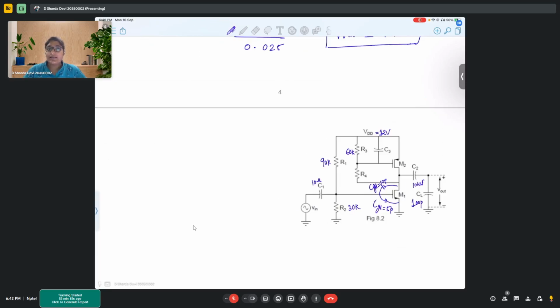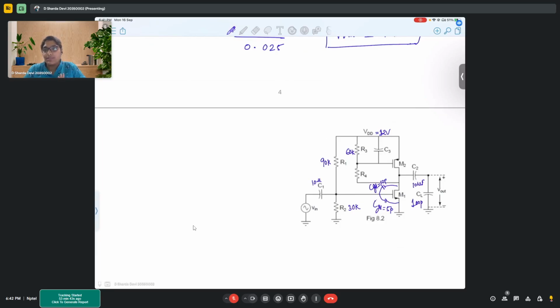Secondly, is it in saturation or linear? So a lot of information is obtained based on your VGS. VGS needs to be known ideally because all the equations that you have are based on VGS. We don't have direct equations based on VDS as such.